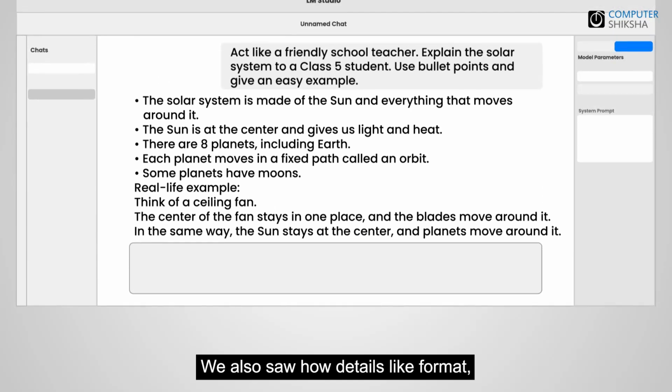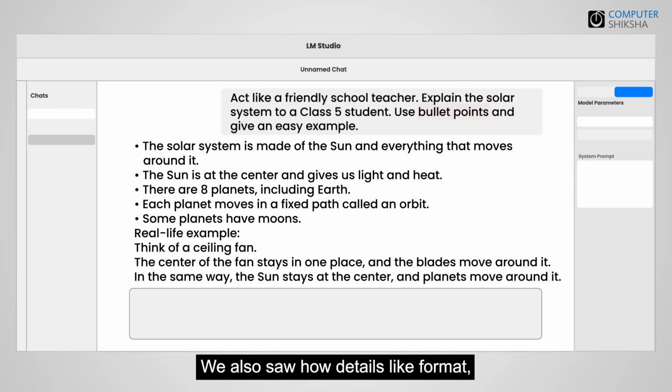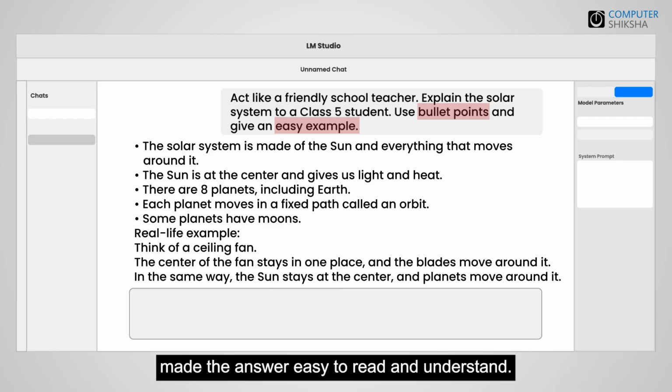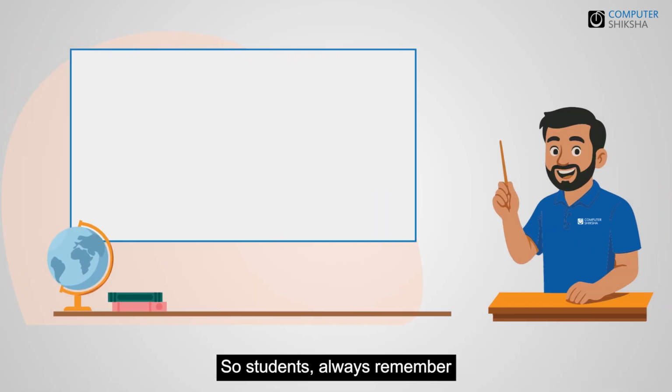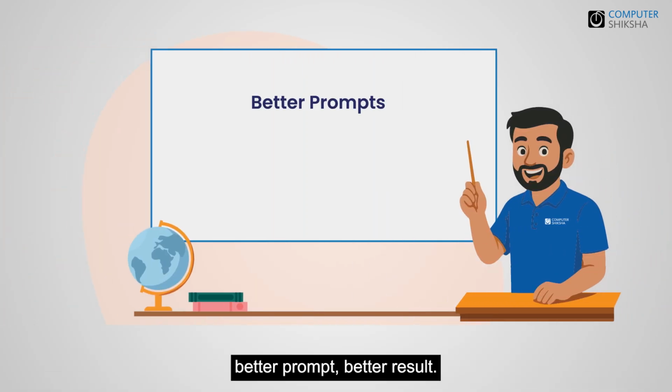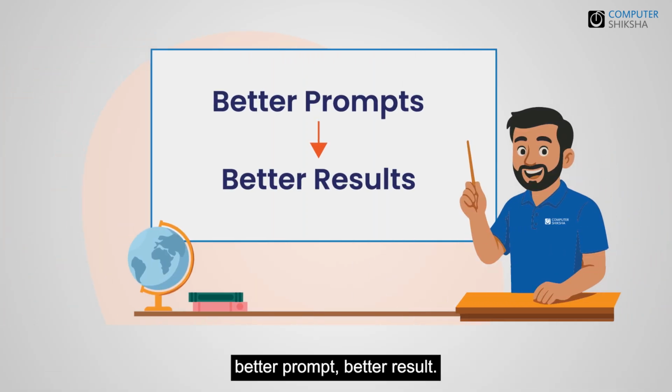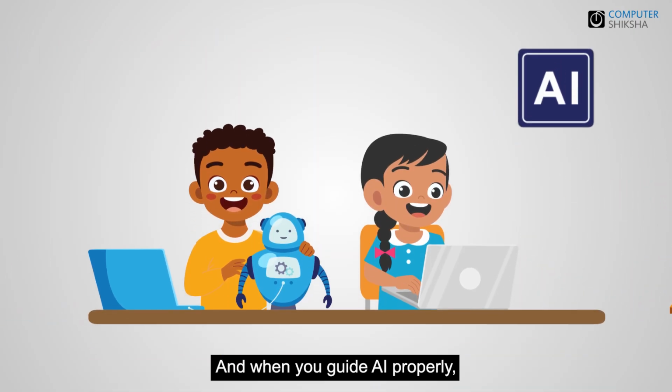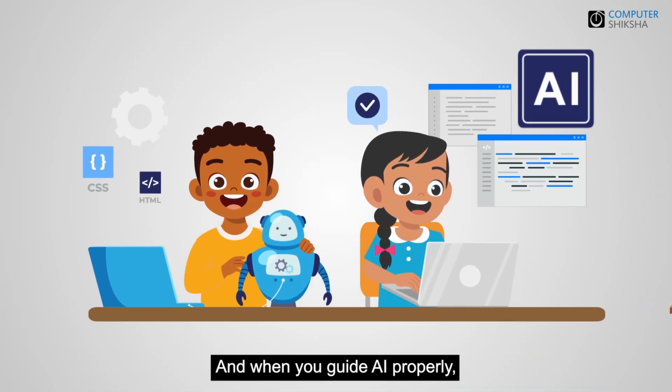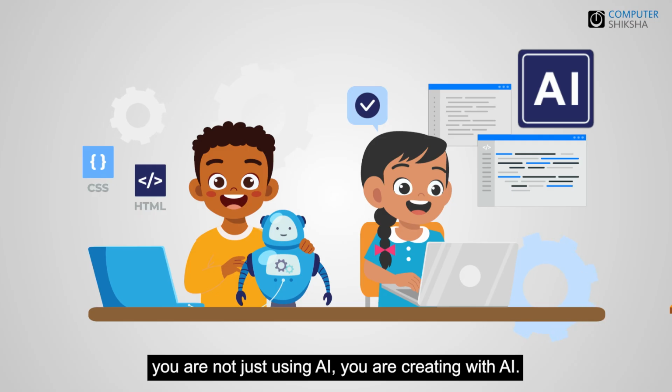We also saw how details like format, like bullet points, and asking for examples made the answer easy to read and understand. So students, always remember, better prompt, better result. And when you guide AI properly, you are not just using AI, you are creating with AI.